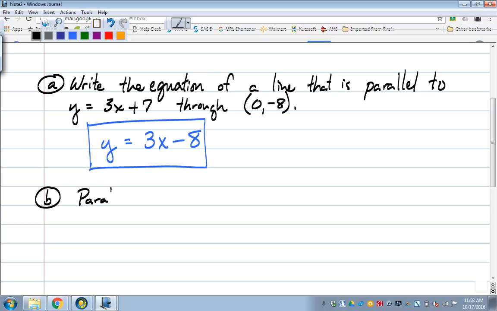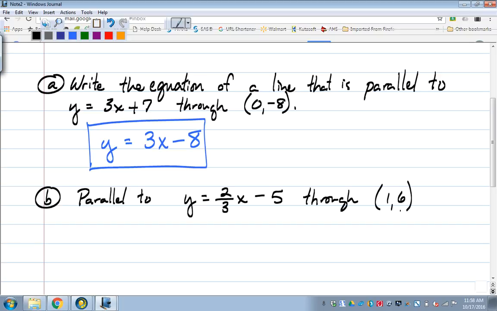Let's say it's parallel to y equals 2/3 x minus 5 through 1, 6. Similar idea.